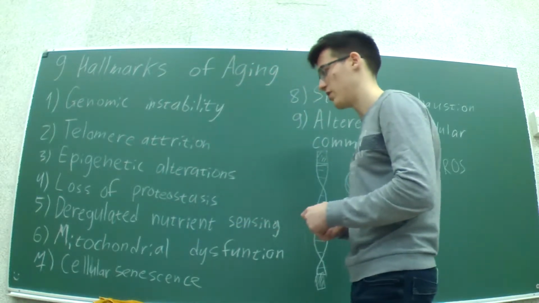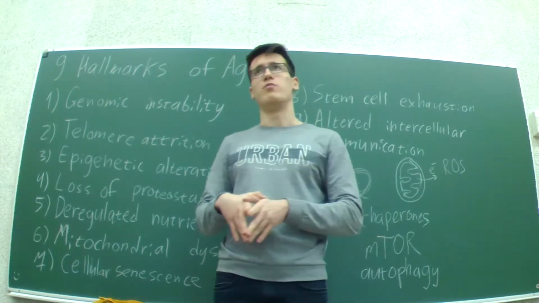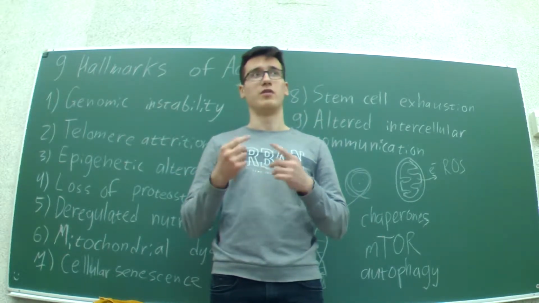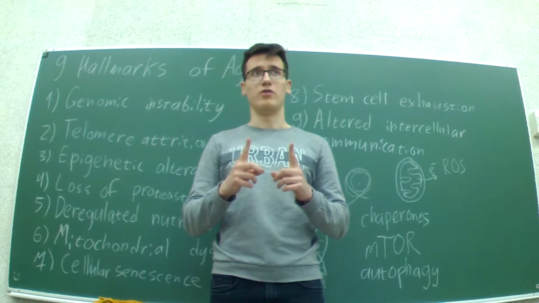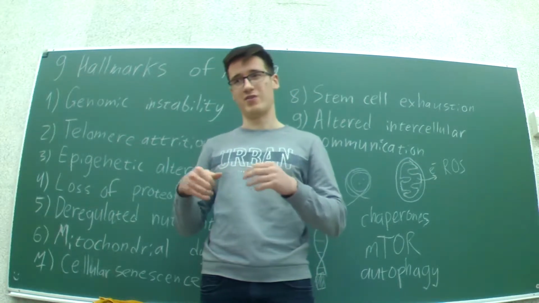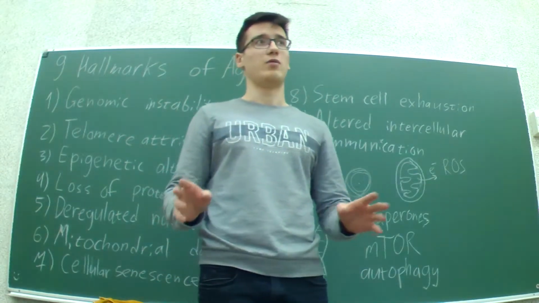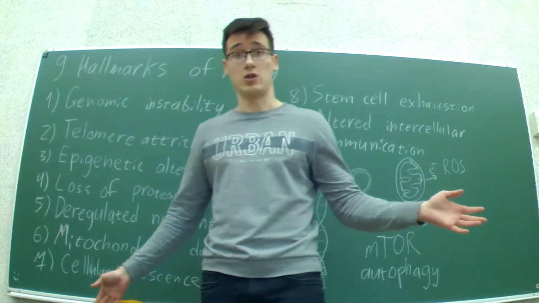So if a mutation arrives in the part of the gene where it is not very important, we will be able to live, but if it is important, it may affect our health adversely, and we may even die because of the mutation.